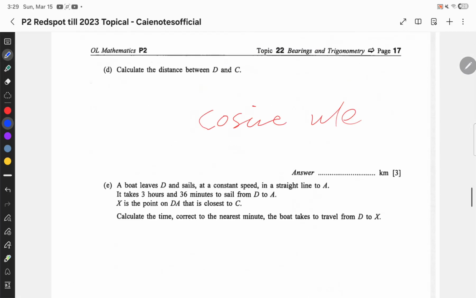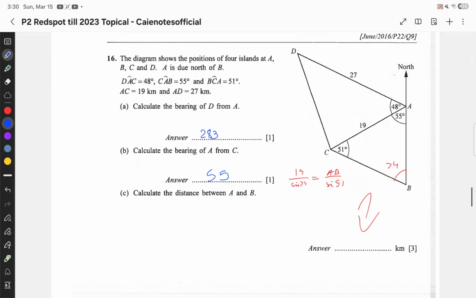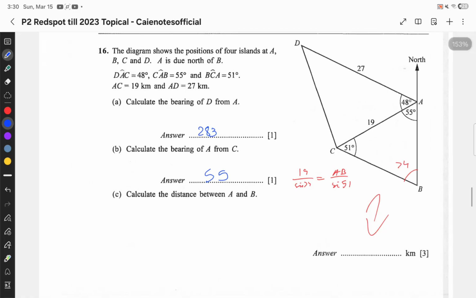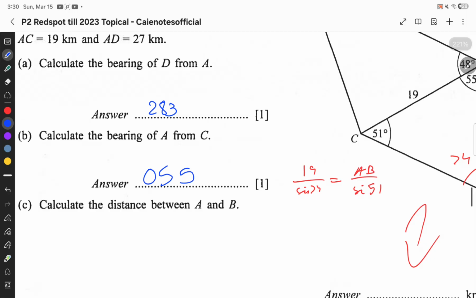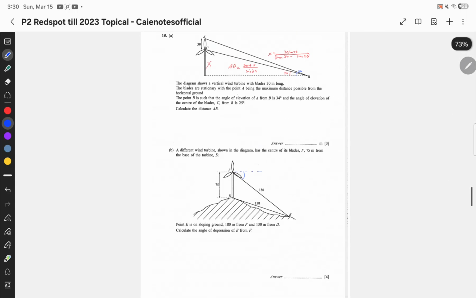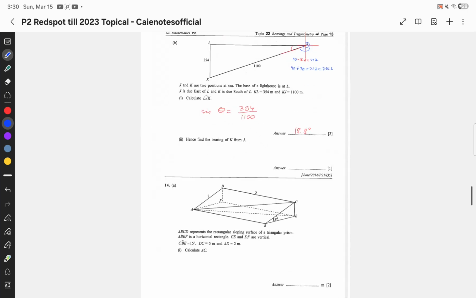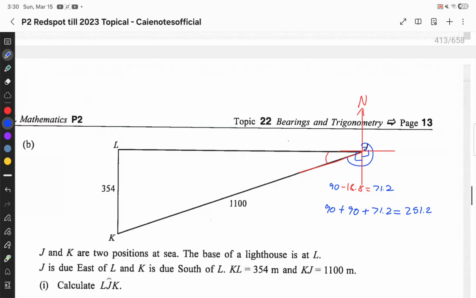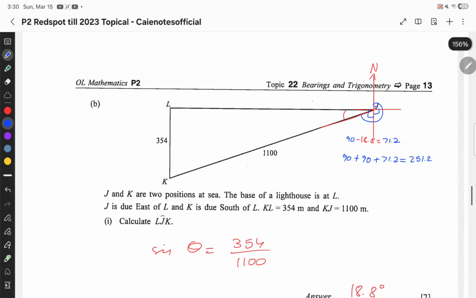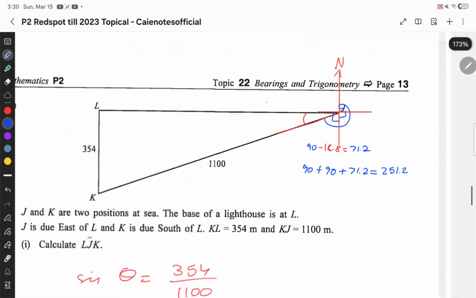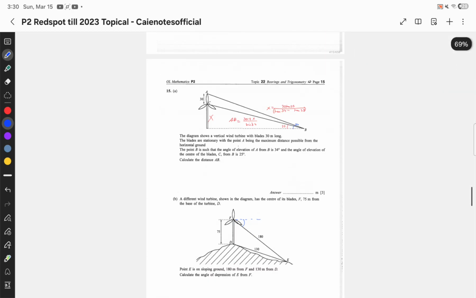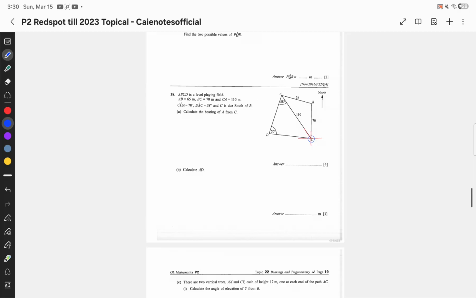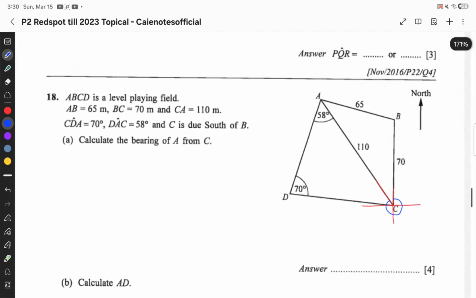This is a really good point to bring up. You should always give your bearing answers to 3 figures. Yes, I am not doing that, but you should. If it's a reflex angle you can go up to the hundreds place, but regardless, you should give it in 3 digits always.